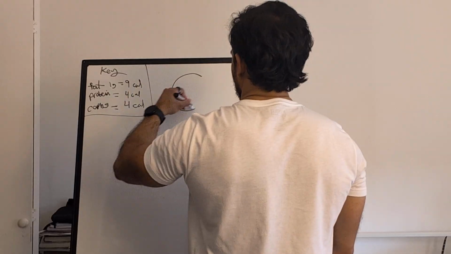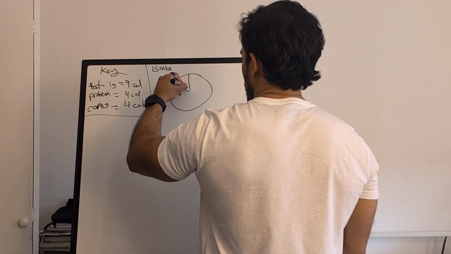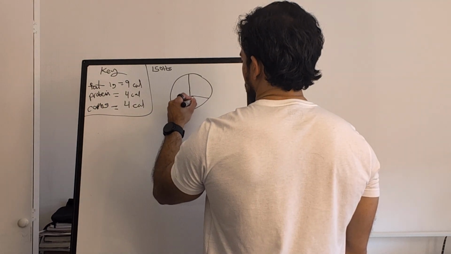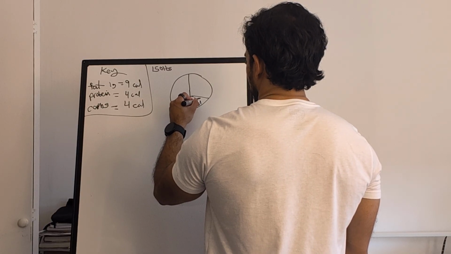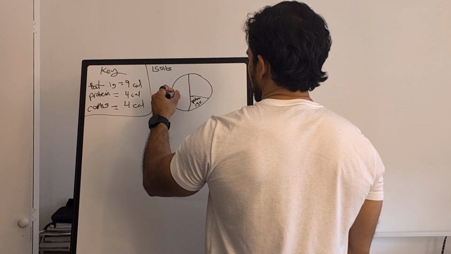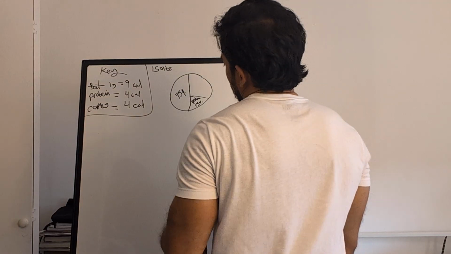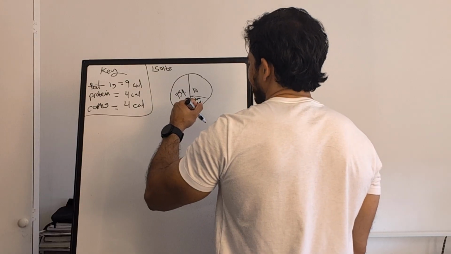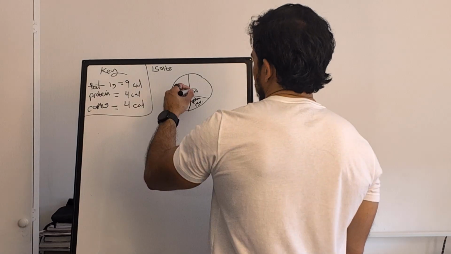Alright, so now using the same 150 guy, because that's what I am. Then we'll do protein, let's just say 15%, fat, let's say 75%, and carbs, let's say 10%.